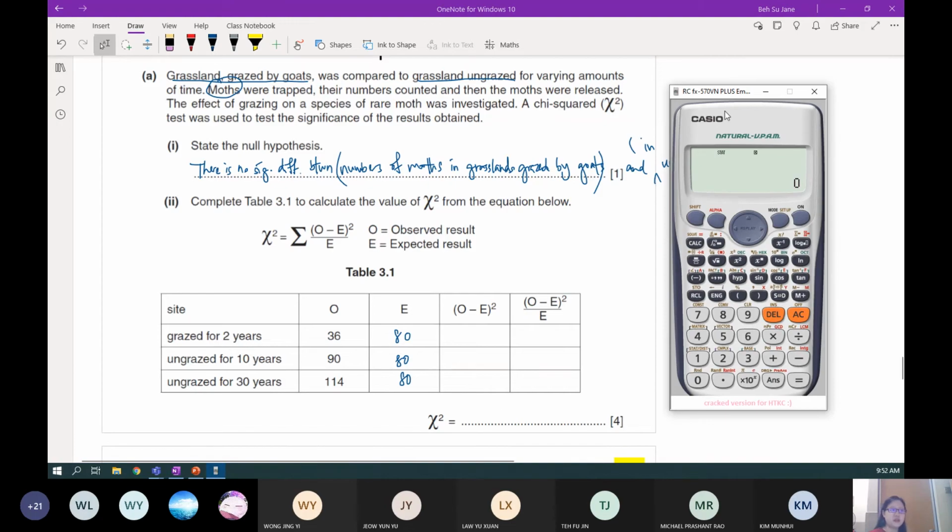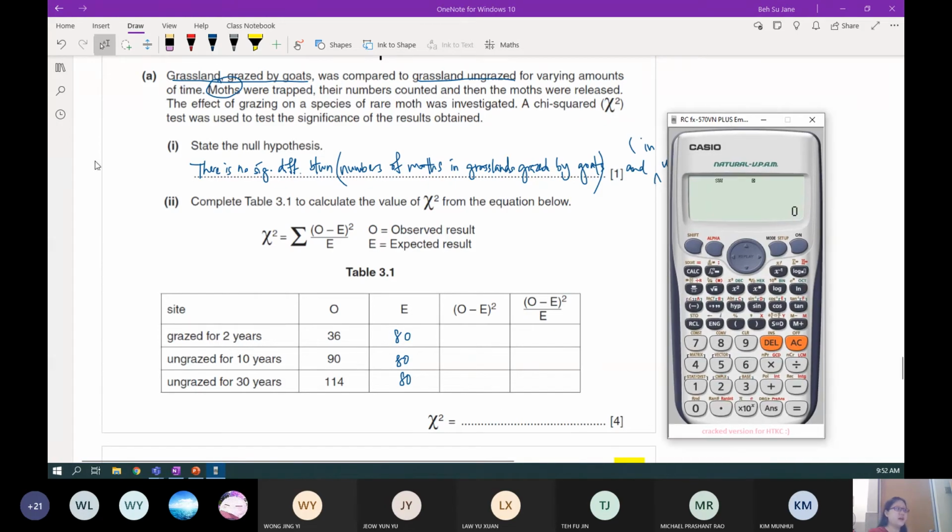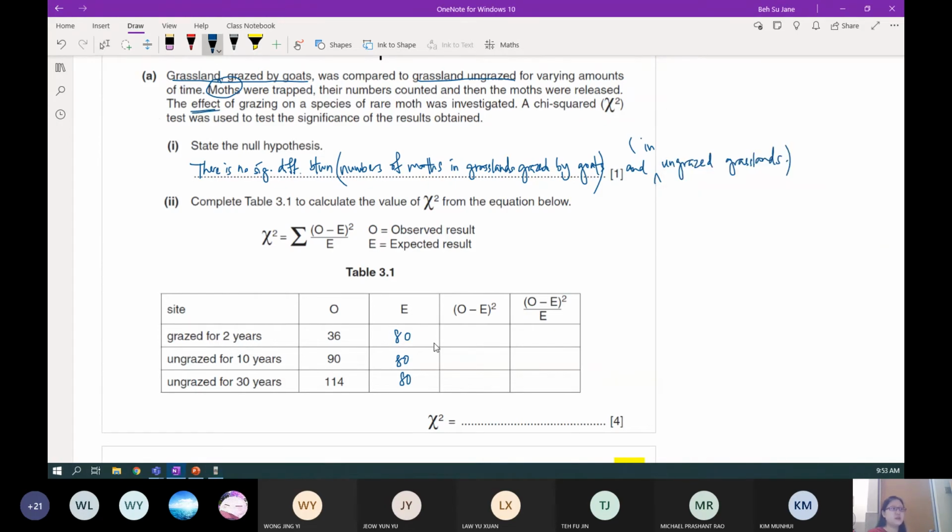Because you want to find a significant difference. You want to find if there is an effect. So you assume first that it has no effect, and if these two are significantly different, it means there is an effect. This is assuming no effect. This one may show some effect. So if they're significantly different, you know that there is an effect.